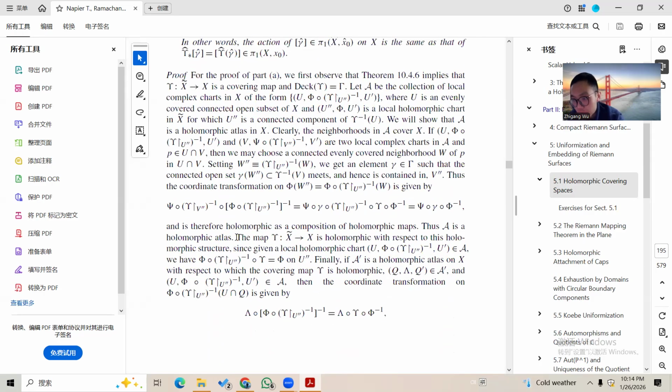Now we want to verify this. We want to show that the map gamma from X tilde to X is holomorphic with respect to this holomorphic structure.